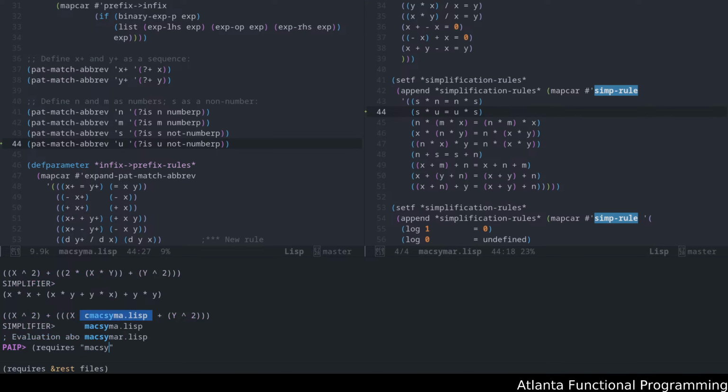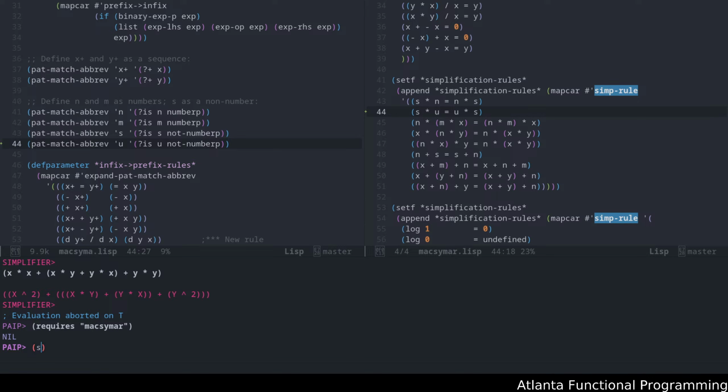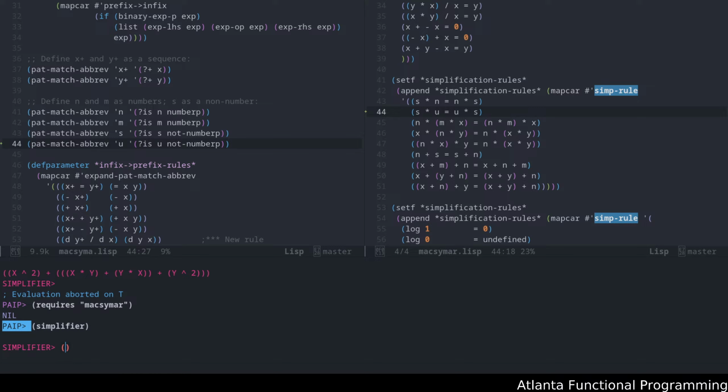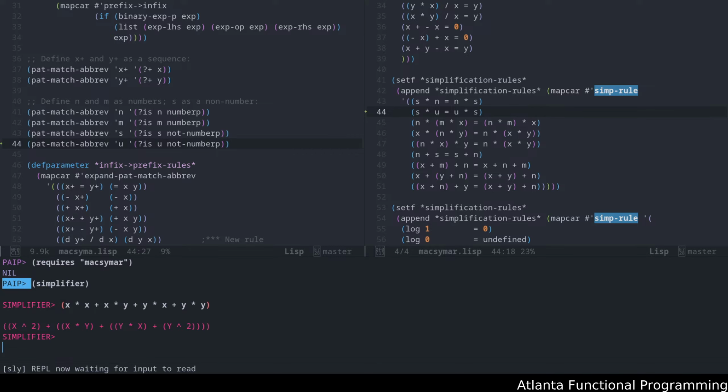Requires Macsyma R. Loaded. Simplifier. Okay, so now let's do x times x plus x times y plus y times x plus y times y and see what happens.